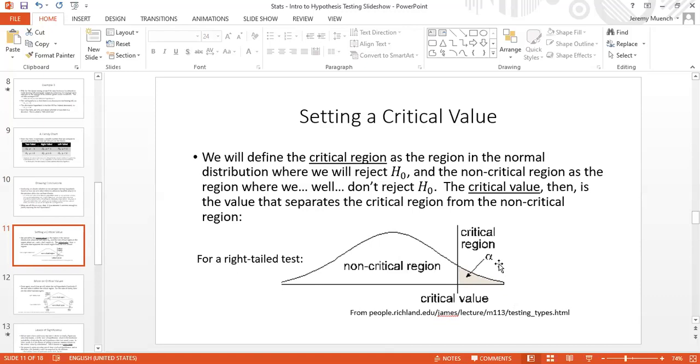If we see a value that's extreme enough, this is where extreme enough is happening. So the idea here is that we might have a bell curve that represents the location of data points, or the probability of finding data points, assuming the null hypothesis is true.